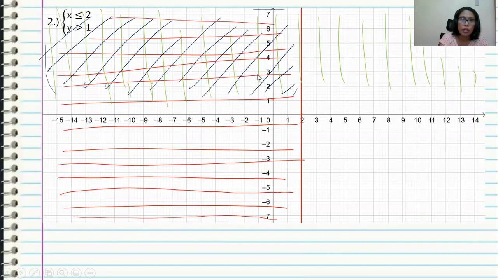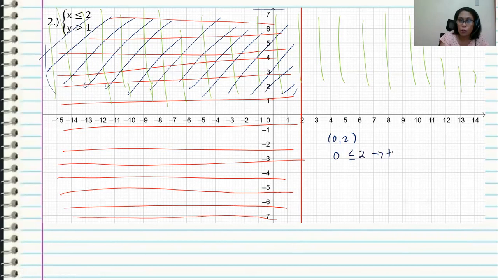Okay. So here, for example, if we're going to select a point from the solution of this system, like 0, 2, and we will substitute 0, 2 to both inequalities, since we only have x on the first inequality, so 0 is less than or equal to 2.